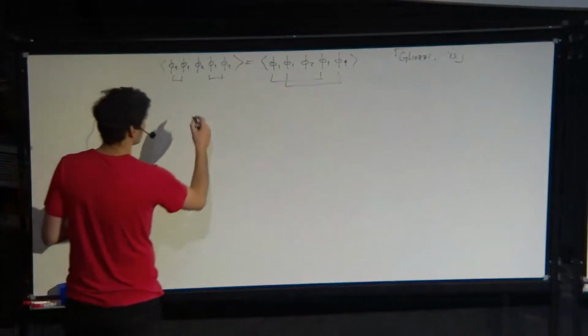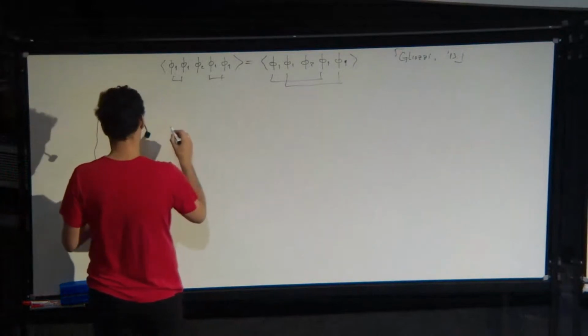Now you can write the crossing relation here, and then what you get is something like this.